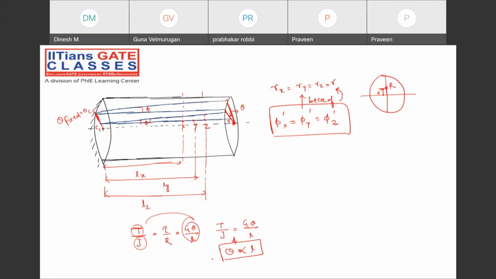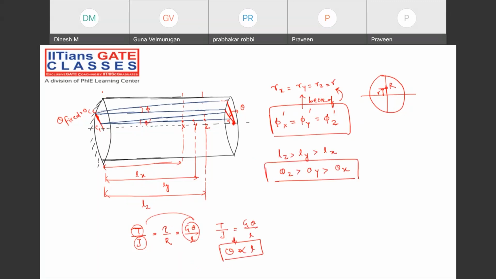And you know that Ly is more than Lx. So theta will be more for the Z particular cross section, then the Y, then the X.